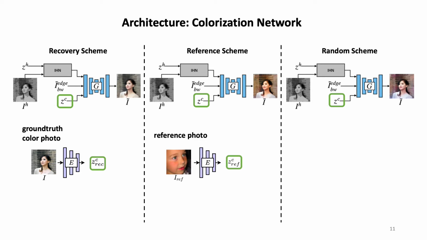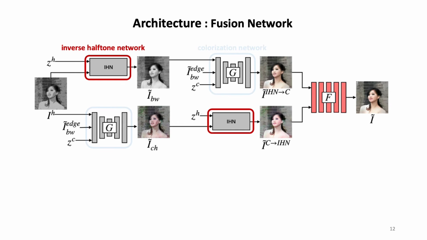In the reference scheme, we obtain the color latent from the color reference image, in which we are performing exemplar-based colorization. In the random scheme, we draw from standard Gaussian distribution to get the color latent, in which we are performing random colorization.